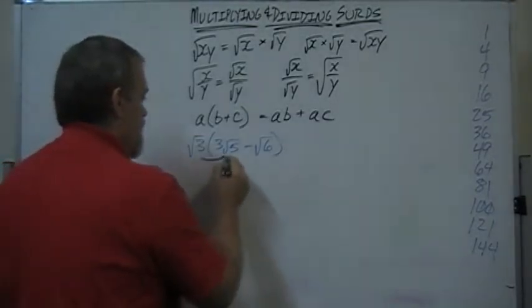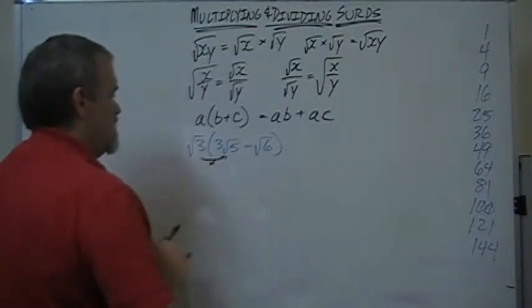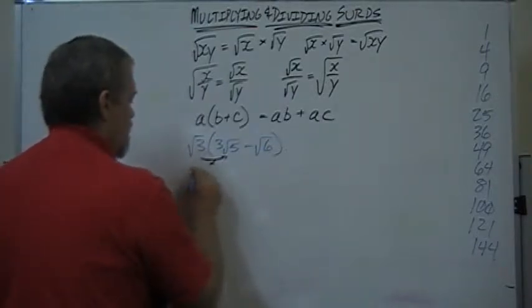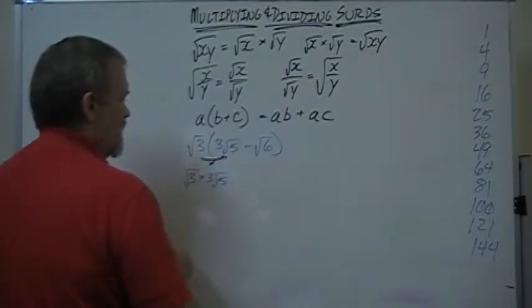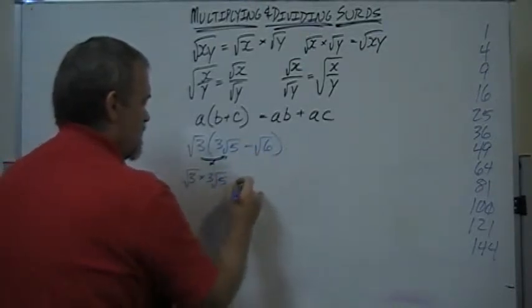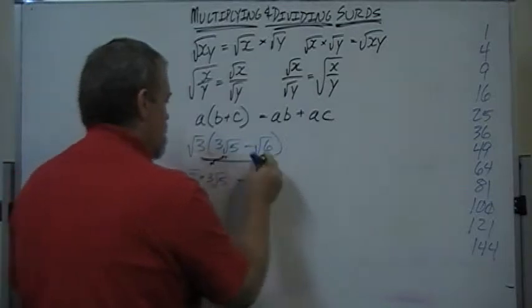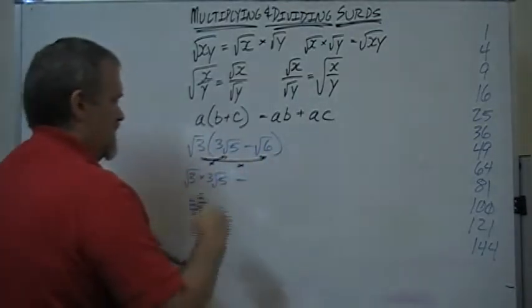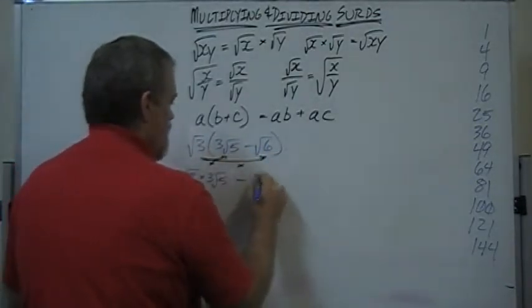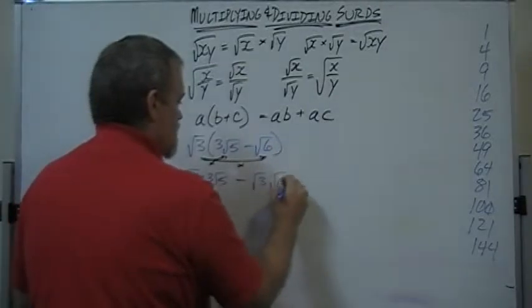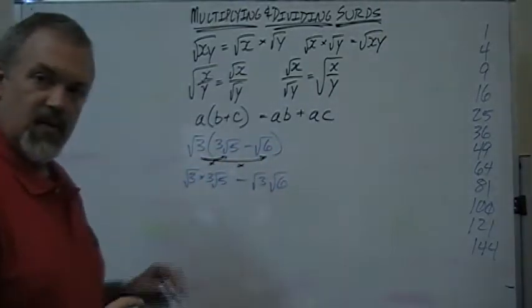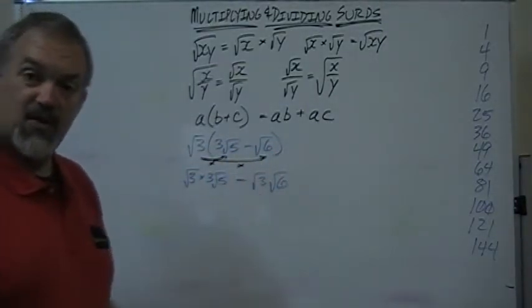I'm going to multiply here first, which gives me 3 square root of 3 times 3 square root of 15. Now I have a minus in the middle, and I'm going to multiply the other one, which gives me root 3 times root 6. And then we just have two smaller multiplication problems.